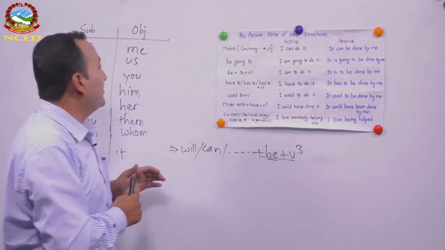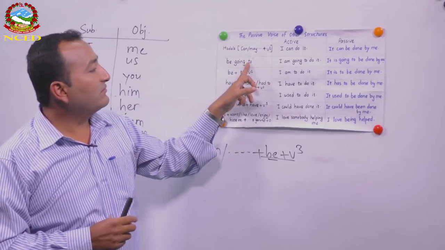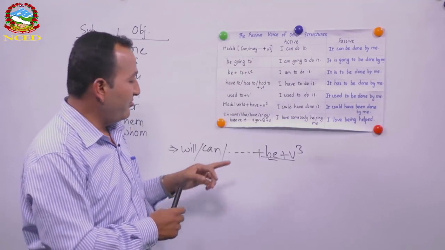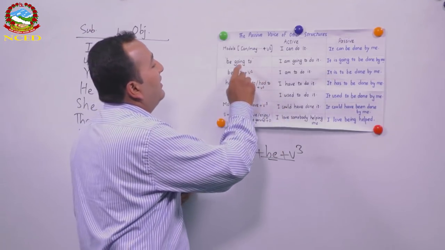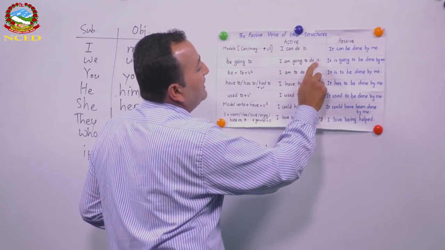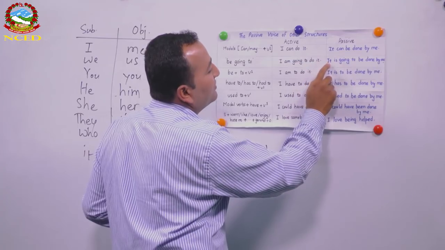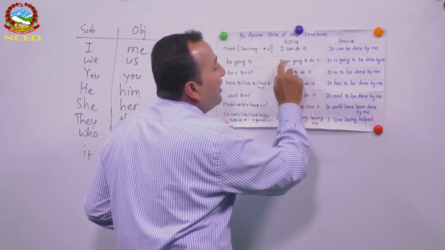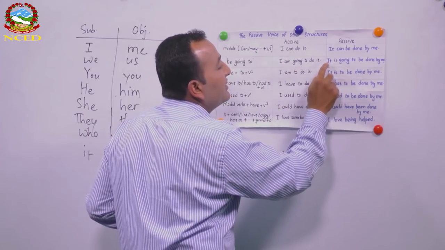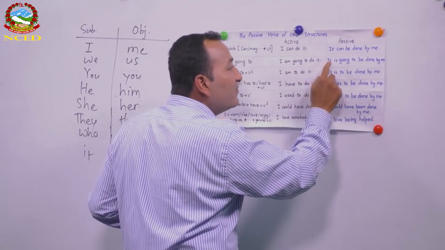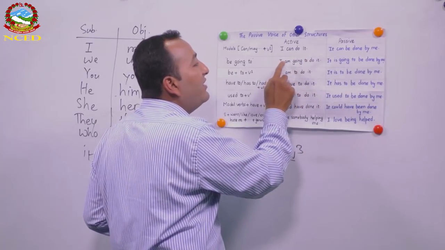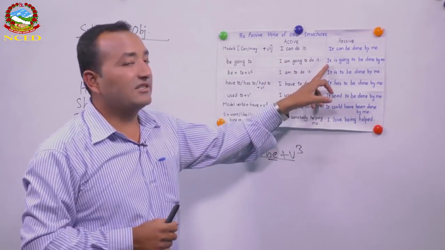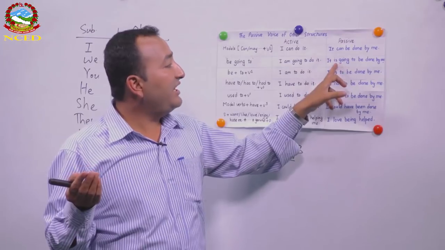And then if there is verb 1 after to, we use be plus verb 3. Again, the object it comes to the position of subject. It, and in place of am, we write is because it is singular. With it, we use is. With only I, we use am.